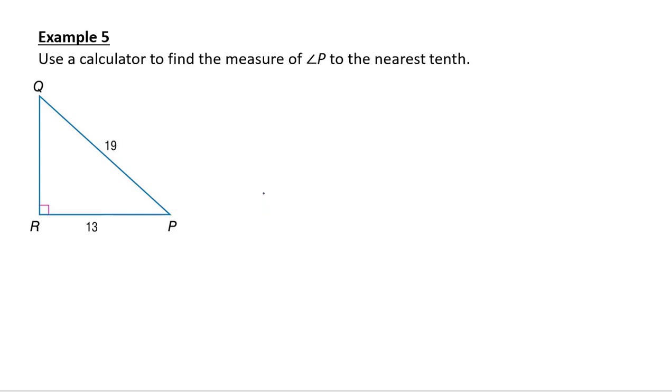So I need to use the calculator to find the measure of angle P. So I'm going to write out my SOHCAHTOA again. Okay, and let's examine what we have. We have the adjacent to angle P, and we have the hypotenuse.